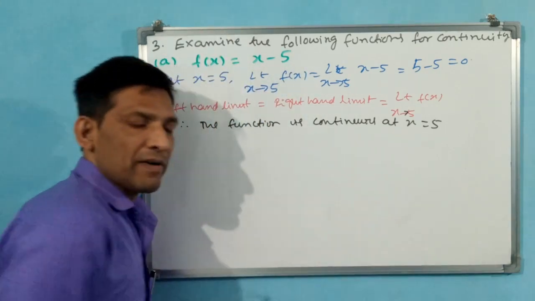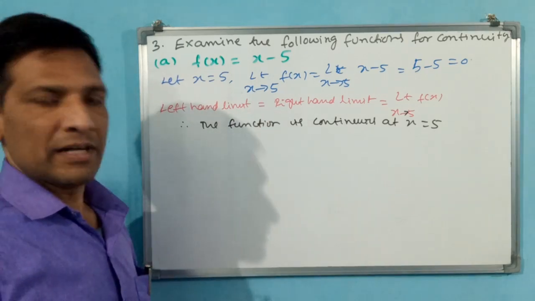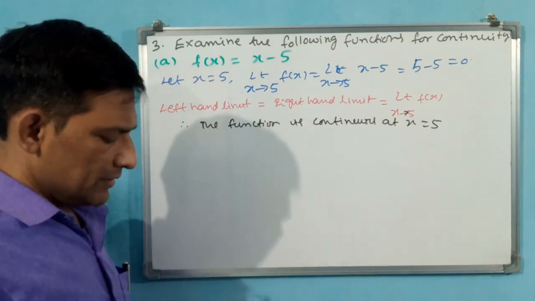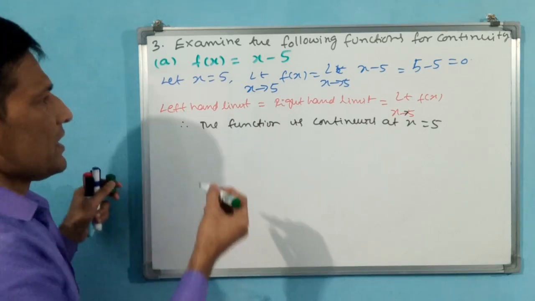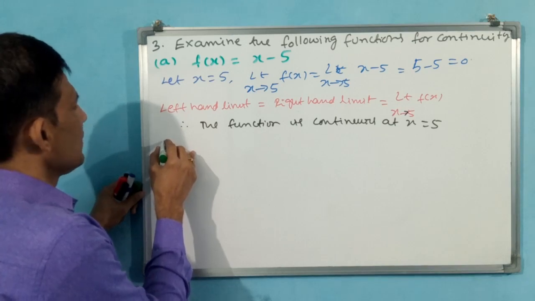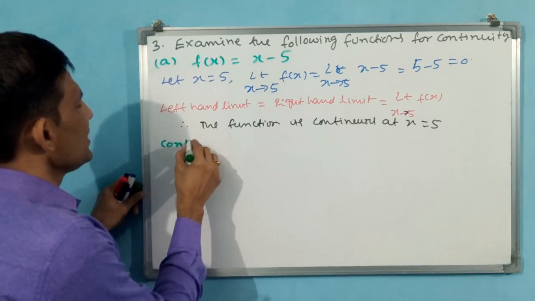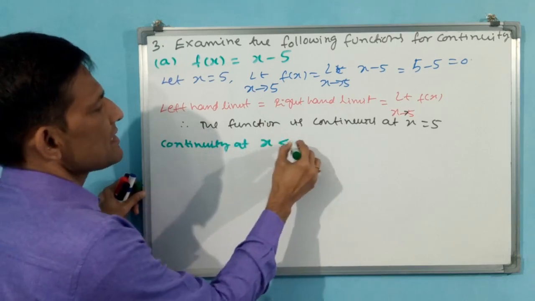Finally, you write the function is continuous at all values. Let us proceed. Now write down continuity at x is less than 5.